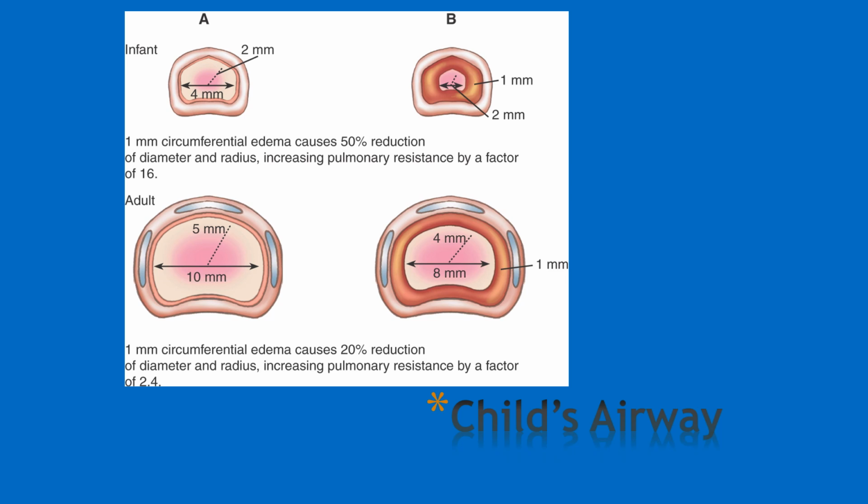So as you can see, from picture A to B, 1 millimeter of swelling makes a marked amount of difference in the patency and the lumen, the diameter of it, as opposed to an adult. An adult can have a millimeter of swelling and still have quite a bit of space for air to pass through. Imagine also that they're frequently going to have mucus building up in these areas.